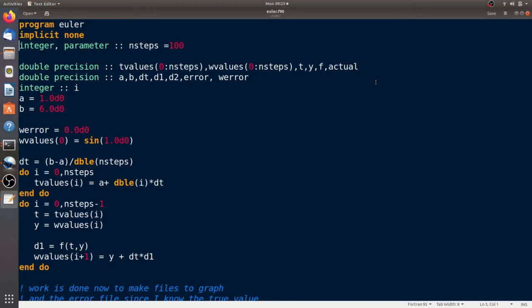T and y are local temporary variables. F is the name of the function that gives me the right-hand side of the differential equation. Actual is the routine that computes the exact solution. I'm going to have floating point numbers a and b, which represent the smallest and biggest t value that I'm interested in.